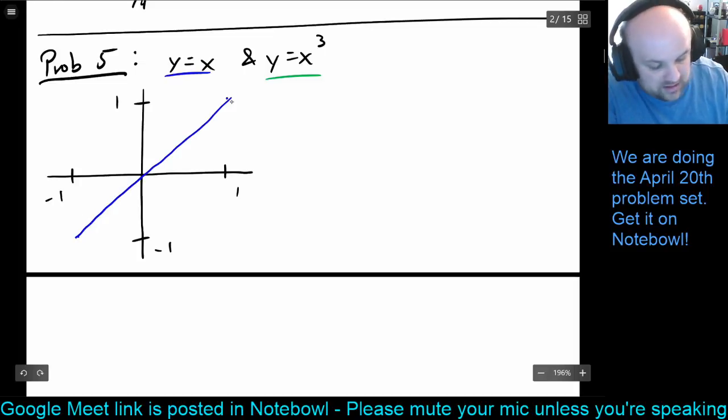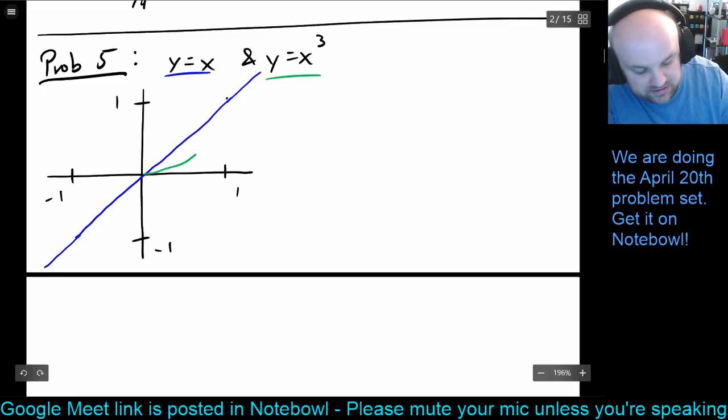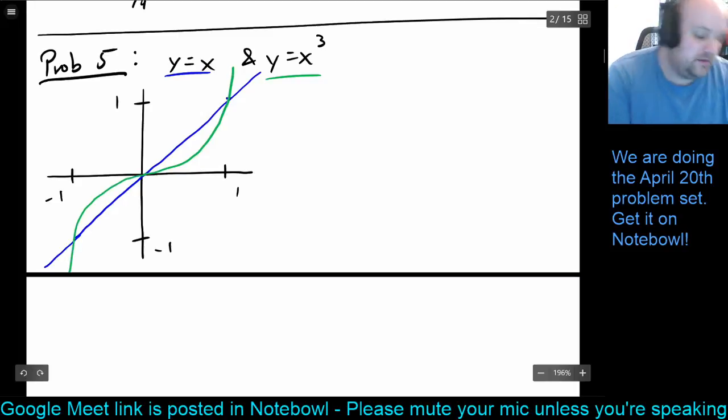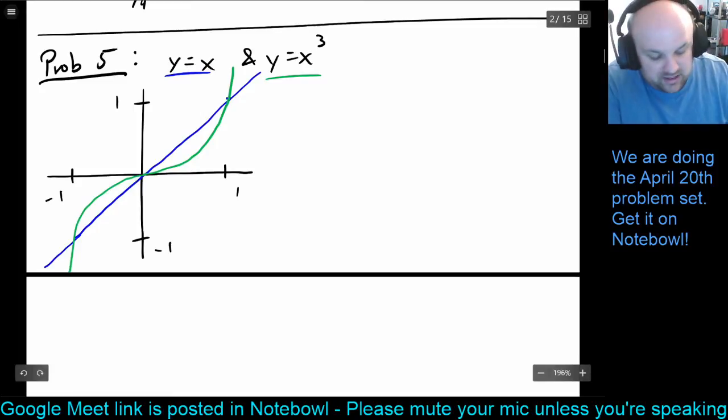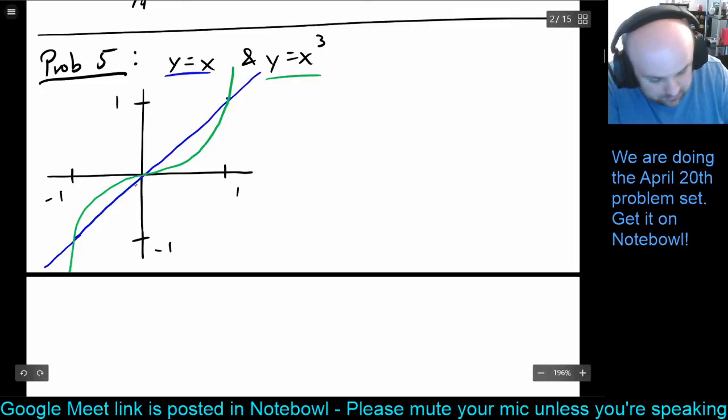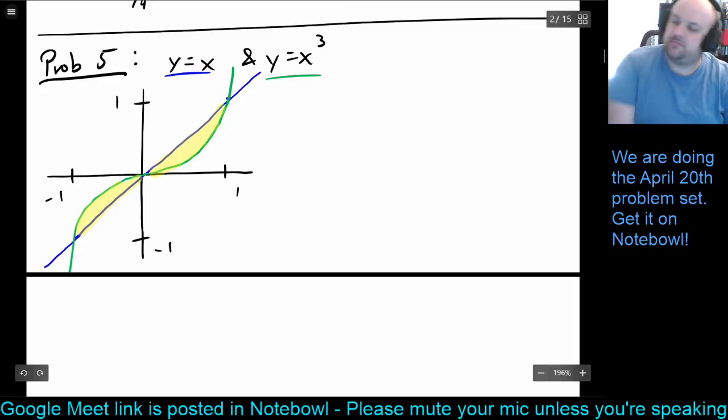We got that line here, y equals x. And then x cubed is something that's pretty flat and then shoots up. So we're looking for the area in both of these little leaves here.